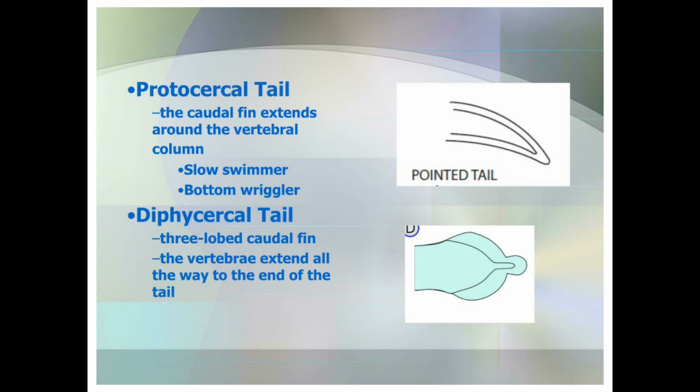Circle tail. In the circle tail, we show three lobes, and in homocircle or heterocircle tails, we show two lobes. In homocircle, the two lobes are symmetrical, and in heterocircle, the upper lobe is larger than the lower lobe.